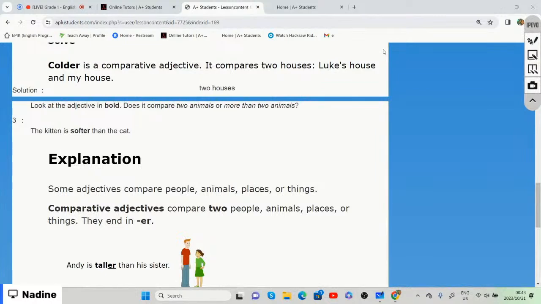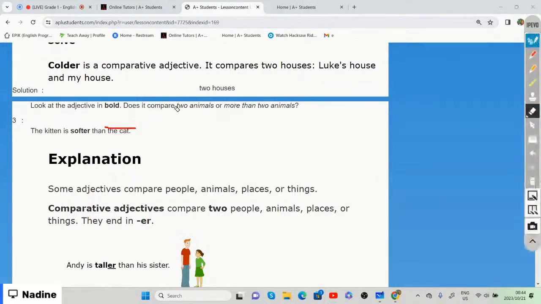The kitten is softer than the cat. So which means that softer compares the cat and the kitten.